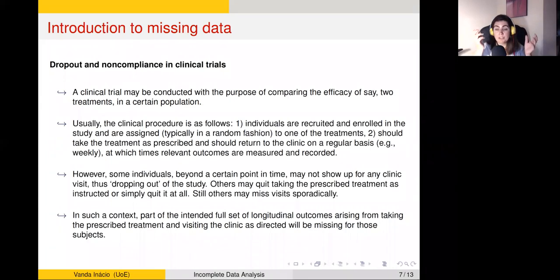For some other participants we have trajectories that are at some points interrupted because they miss some visits to the clinic, and for some others, hopefully, we have the complete trajectory. But when it comes to inferences, of course, these missing values will impact the inferences if we do nothing with respect to their presence in our data set.